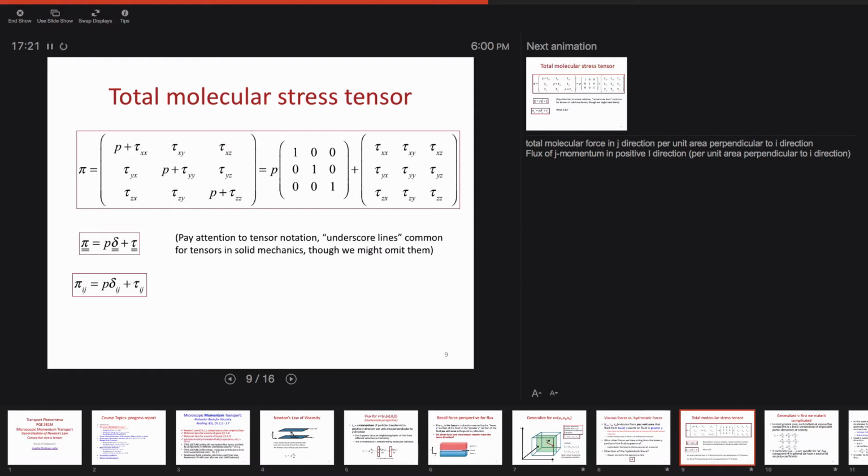So that's simply a shorthand notation for this identity matrix here, plus tau ij, again coordinate by coordinate. So P_ij is my total molecular force in which direction? Per unit area perpendicular to which direction? This is easy to flip.